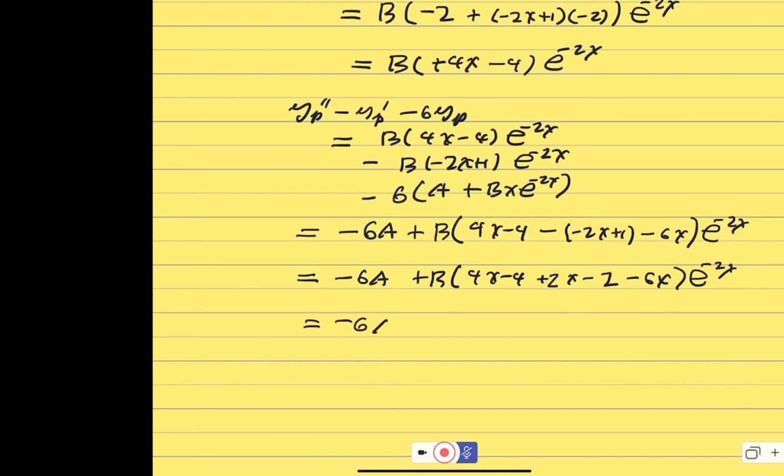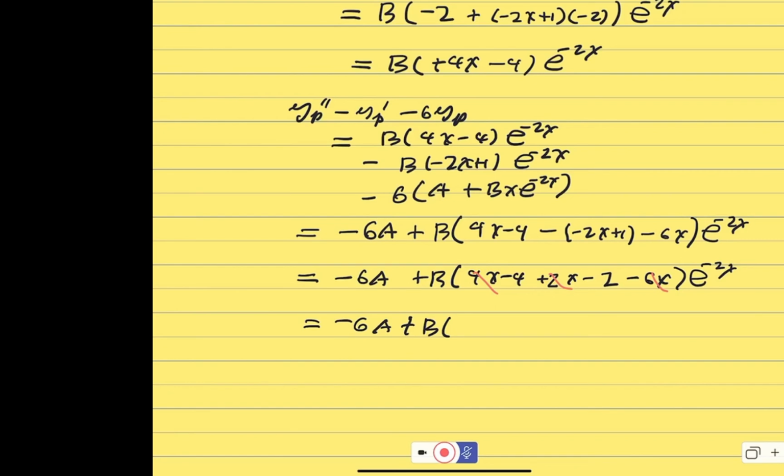That's minus 6a plus b times 4x plus 2x minus 6x. So all the x terms cancel, which is good. In fact, the first time I did this problem, they didn't cancel, and I knew I had an error.